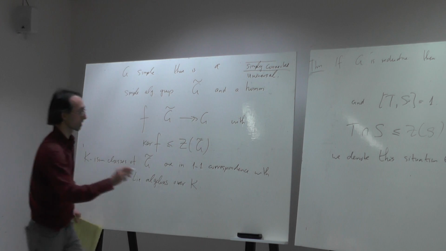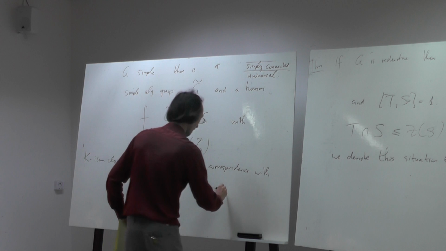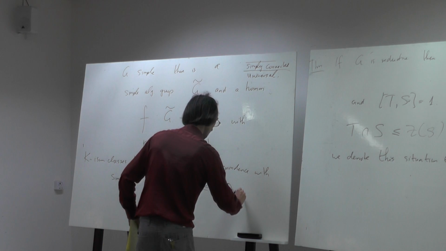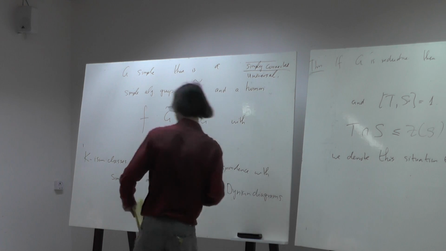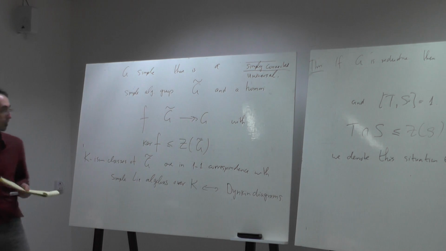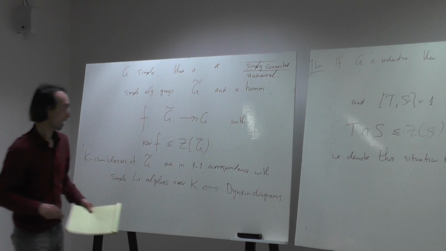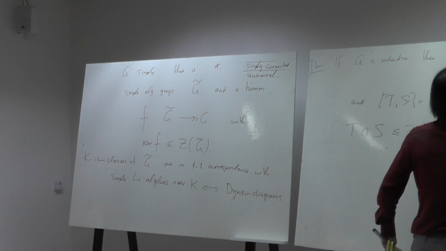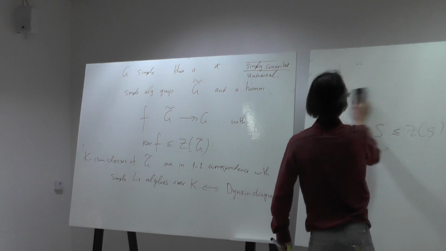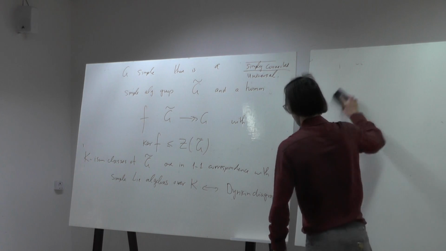So this is basically parameterized by Dynkin diagrams. For each Lie type, which is a Dynkin diagram, there's, up to isomorphism over the algebraically closed field, just one universal simply connected group.